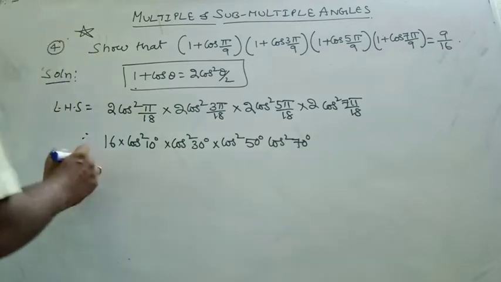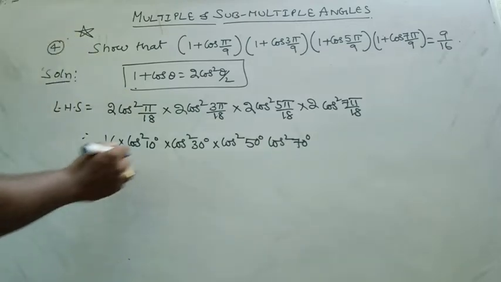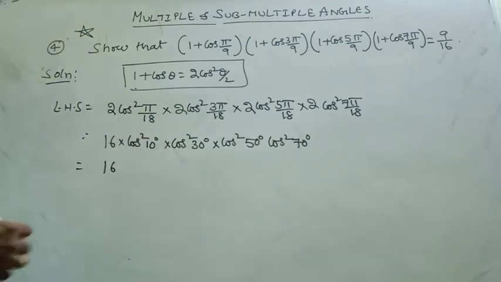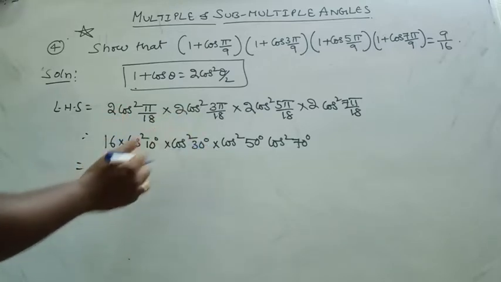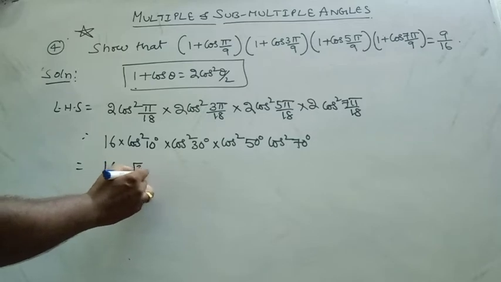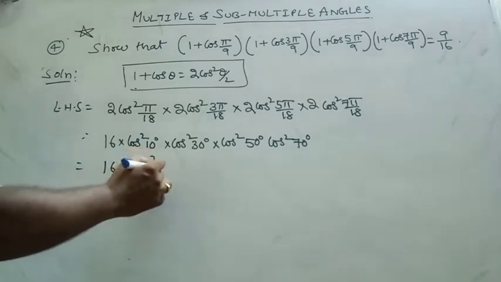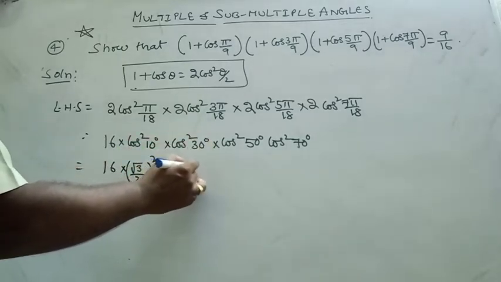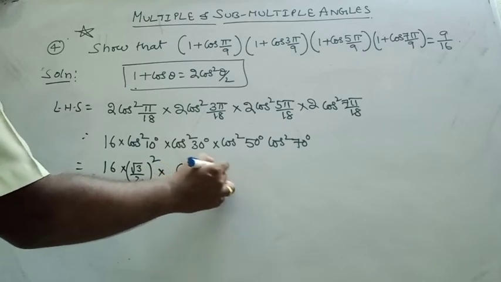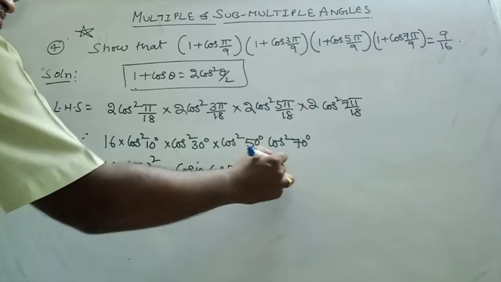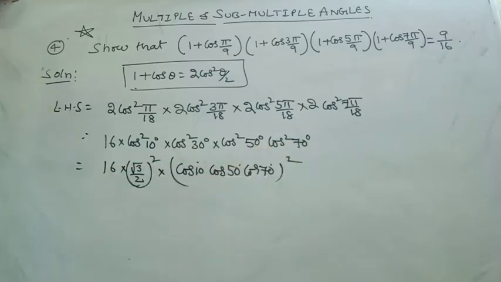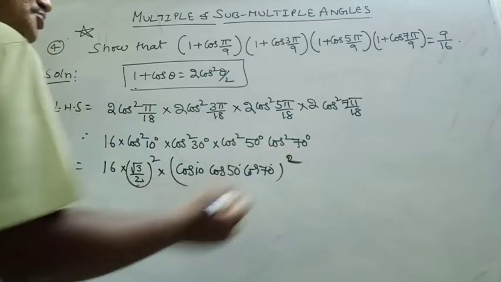Now you see, my dear students, here we have cos square 30 value. We know that cos 30 is root 3 by 2, whole square. Next, the remaining things are cos 10, cos 50 degrees, cos 70 degrees, whole square.